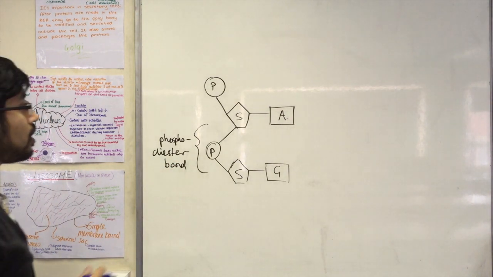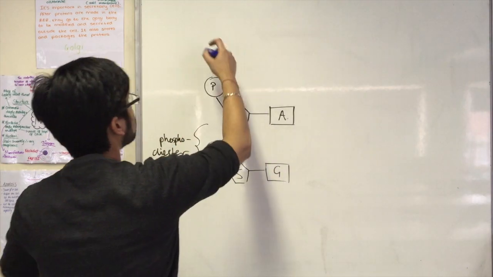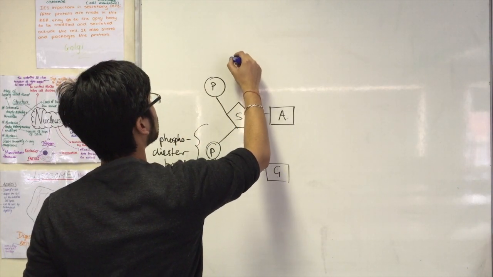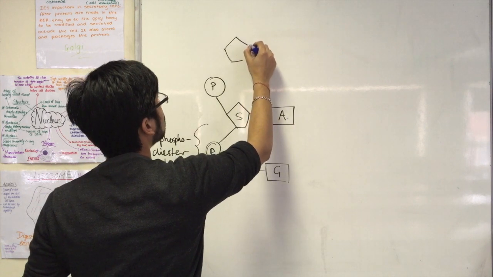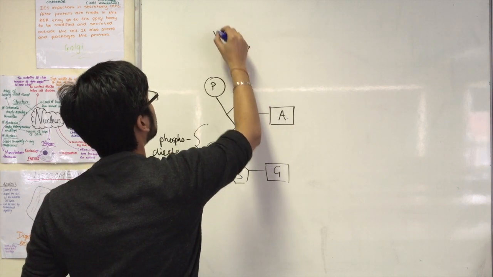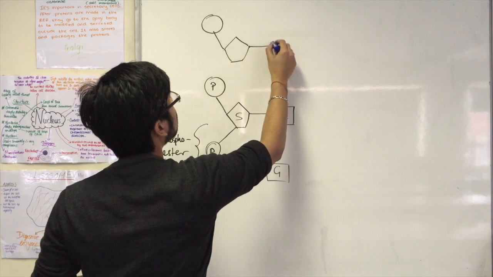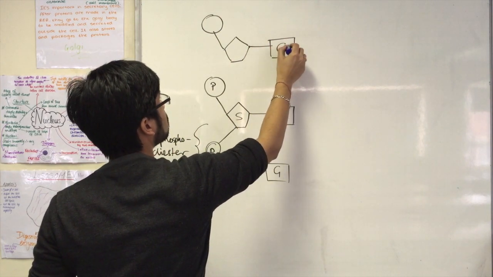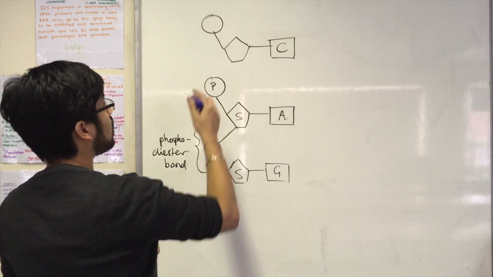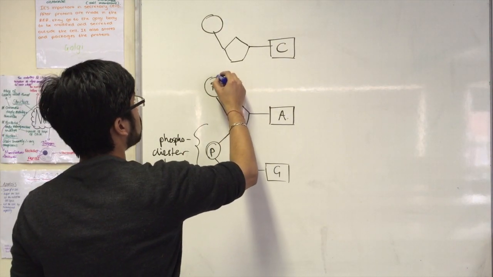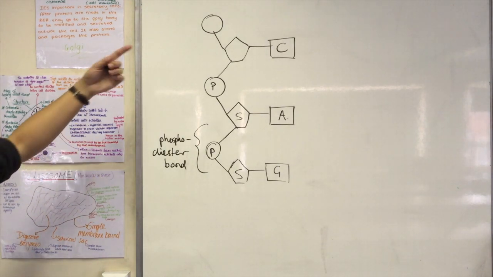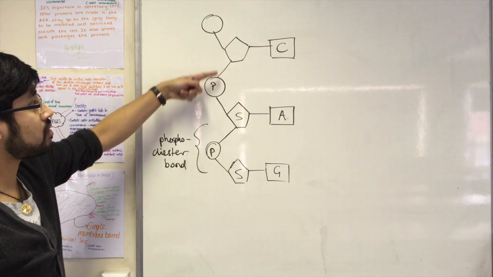Okay, and this can happen many times. So we could have another one up here, and in this case, it might be cytosine. And again, the phosphate group can make a bond to the sugar over there. Another phosphodiester bond.